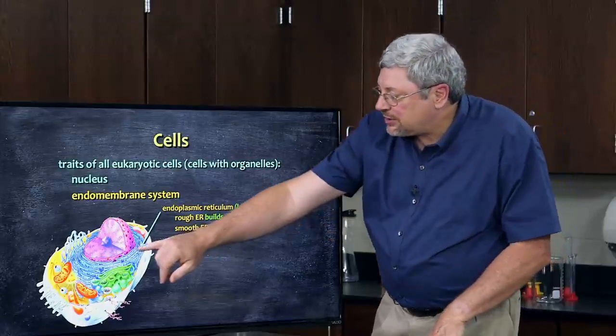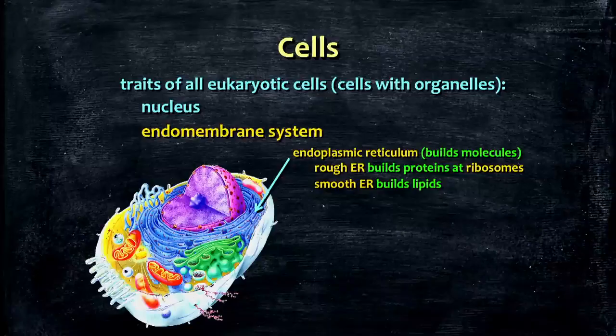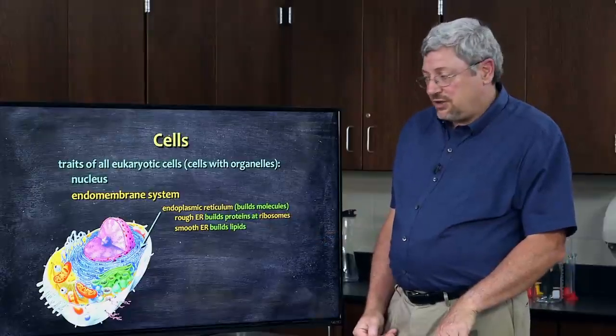And so the first part of the endoplasmic reticulum is often called the rough endoplasmic reticulum, or the rough ER. It's in the rough ER, closest to the nucleus, where we build our proteins, or we at least begin to build our proteins, and this is where the ribosomes are located.